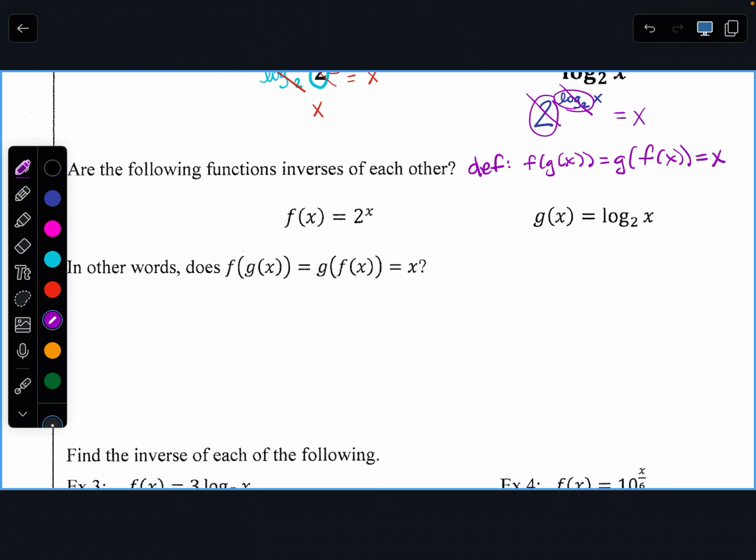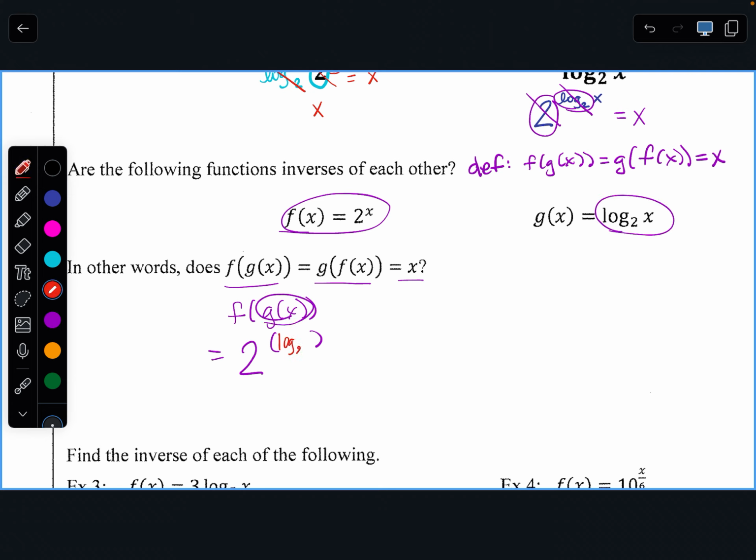So how do we find f of g of x? So f is 2 to the x power, where instead of x, we're going to use g of x, which is log base 2 of x. Well, we just learned that 2 to the log base 2 cancels, and we end up with just x, so that's a good indicator.